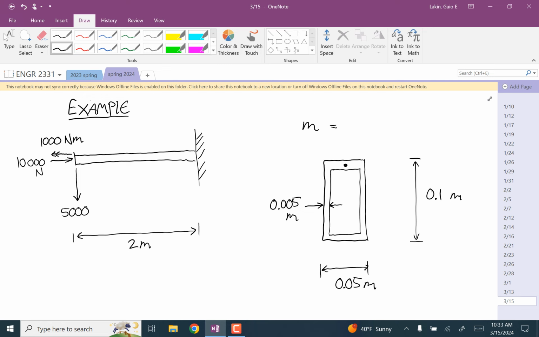The volume is the area of the cross section times the length. The area of the cross section is 0.1 times 0.05 minus 0.095 times 0.045, and then multiplied by the length.